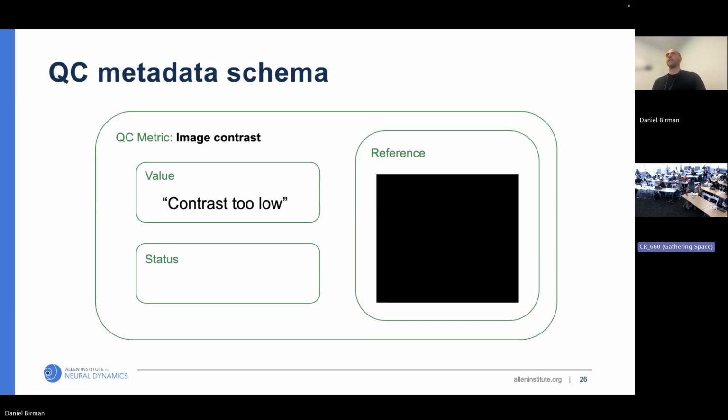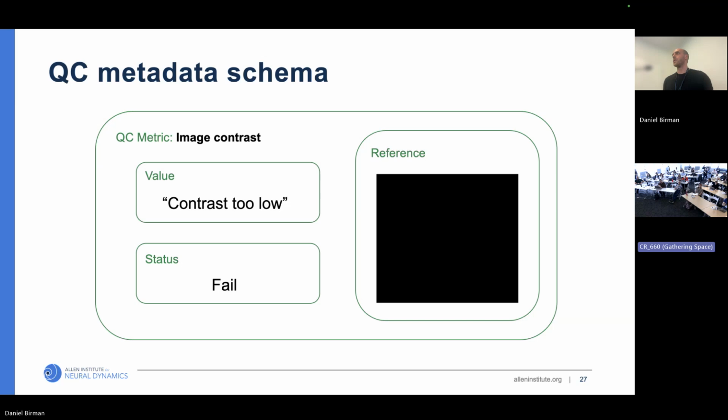There's a value that gets assessed on the reference image. So in this case, we might say that the contrast in this video is too low. And then that, through some kind of rule, hopefully quantitative in the long run, but often qualitative if a person needs to look at it and make that determination, the value gets converted into some kind of status.